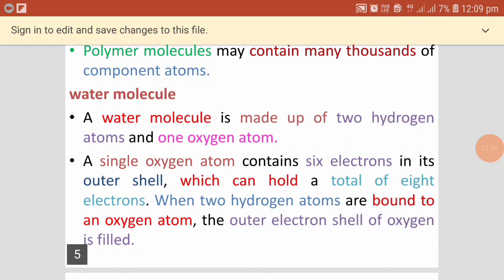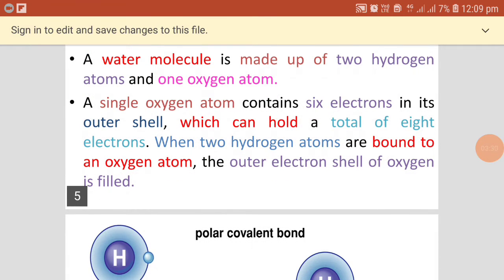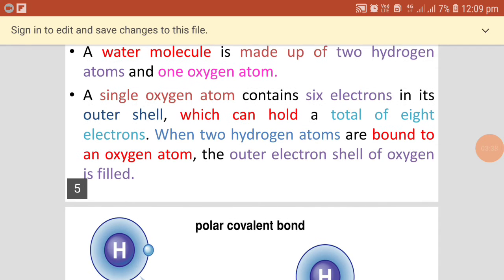How is the water molecule formed? The water molecule is made up of two hydrogen atoms and one oxygen atom. Oxygen contains 6 electrons in its outer shell. Actually it has 8 electrons in total. 2 electrons are in the first shell, that is the K shell, and the remaining 6 electrons are in the outermost shell, that is the L shell, but that outermost shell has the capacity to hold 8 electrons.